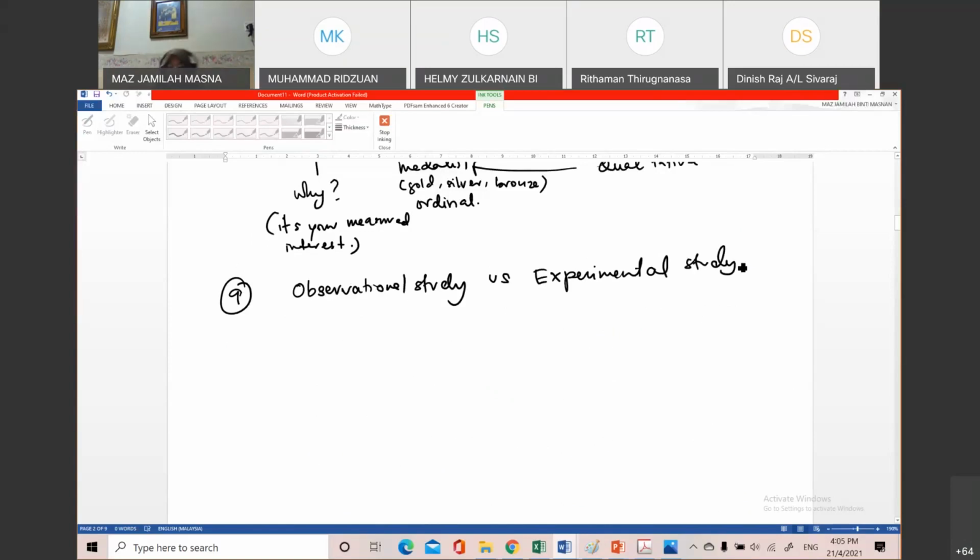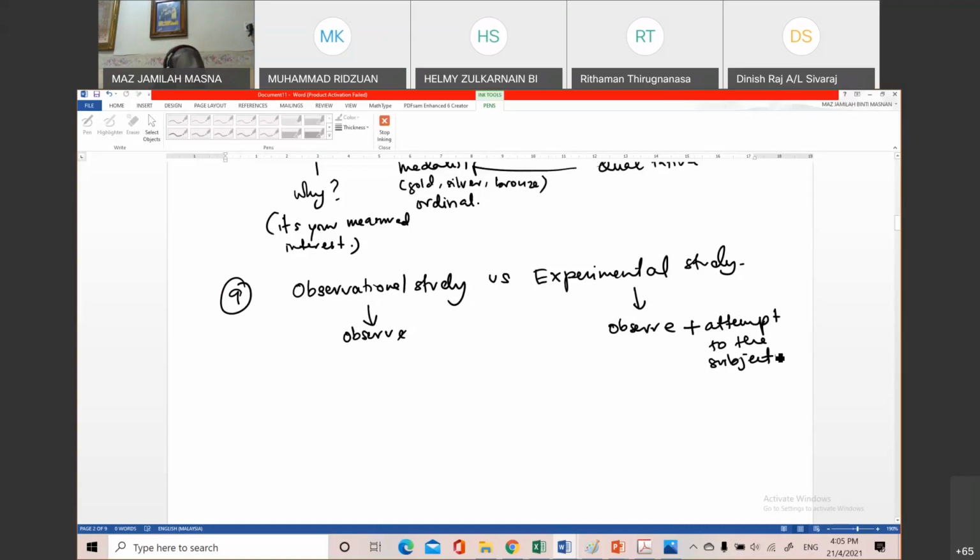What is the difference? Both are doing observation, right? We observe, and here we also observe. But what is the difference between observing in an observational study and observing in an experimental study? In an experimental study, we include our attempt on the subject.